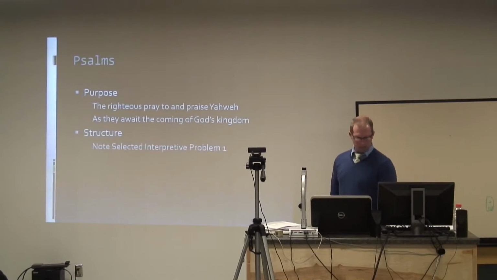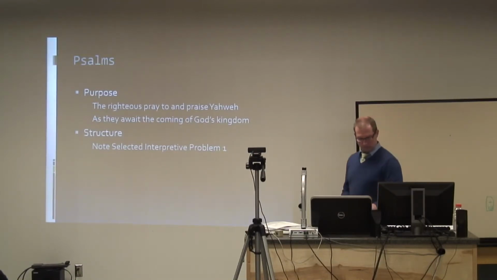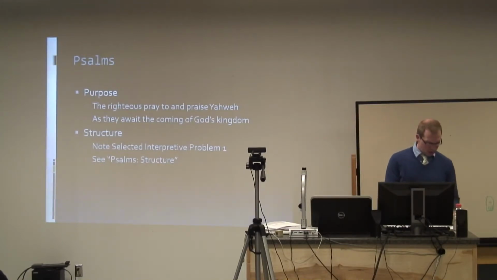By way of structure, you can take a look at interpretive problem number 1, Section G: are these individual expressions of spirituality, forms used in Israel's worship, or is it to be read as a book? And you can take a look at the structure in Psalms.